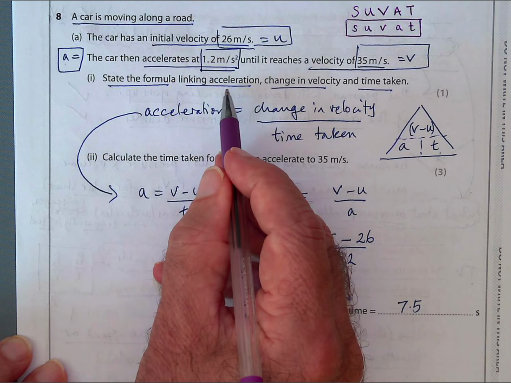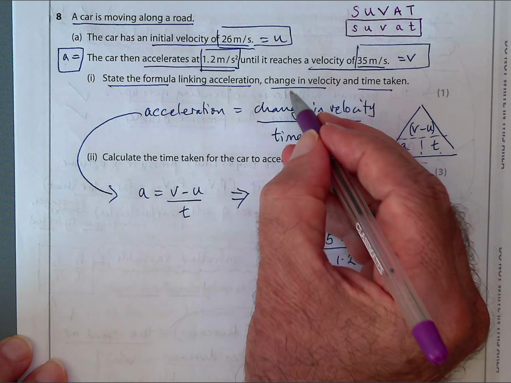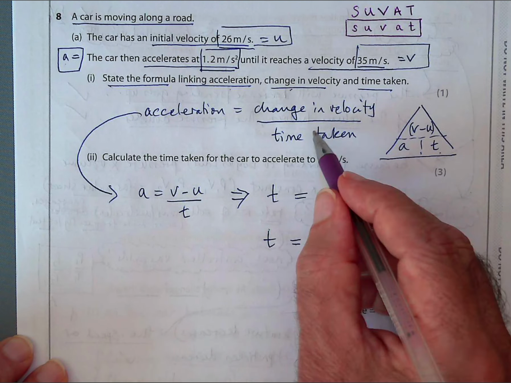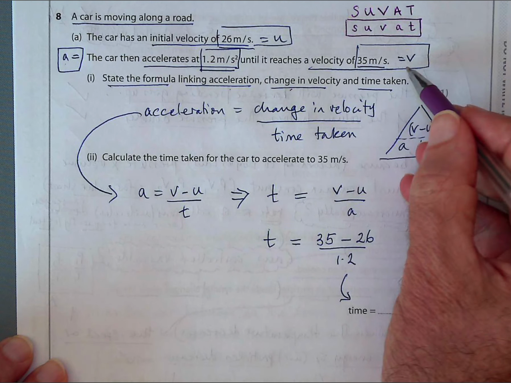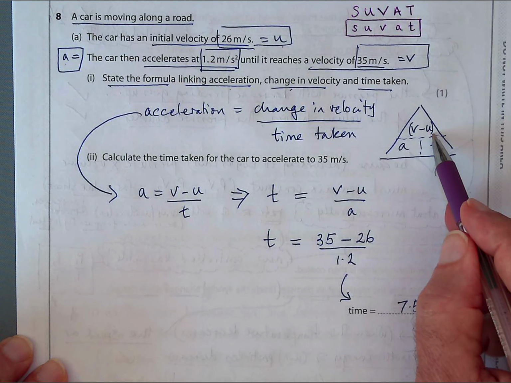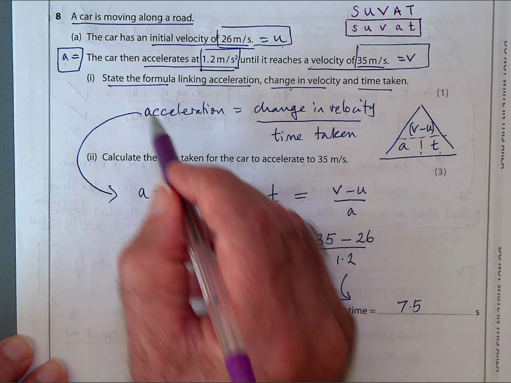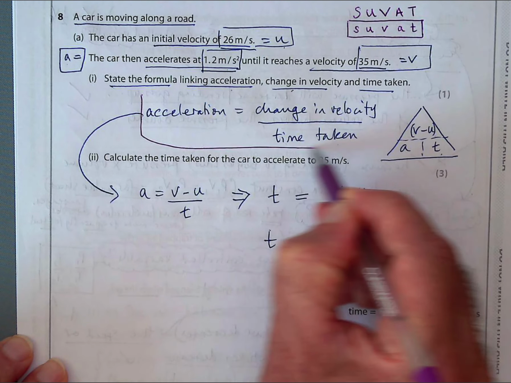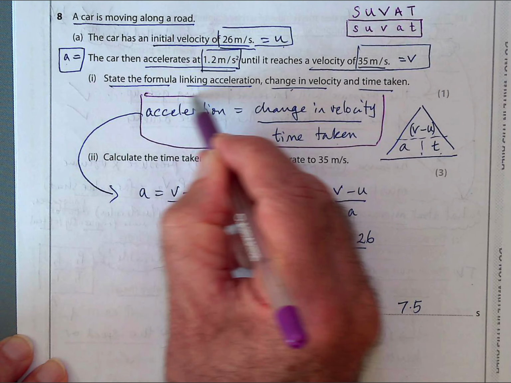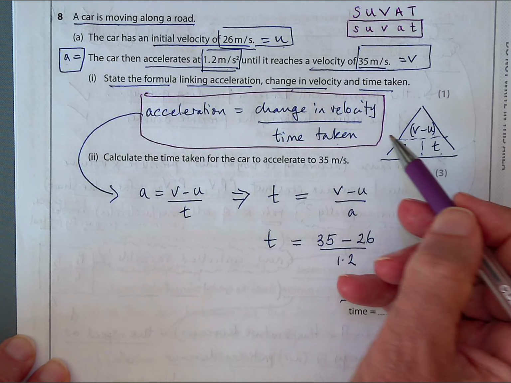State the equation linking acceleration, change in velocity, and time taken. Well, change in velocity is v minus u, final minus initial, over time taken. You should really do it as a word equation, so you won't have any examiner taking marks off you.